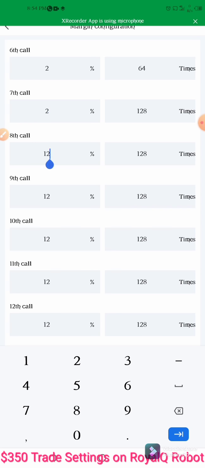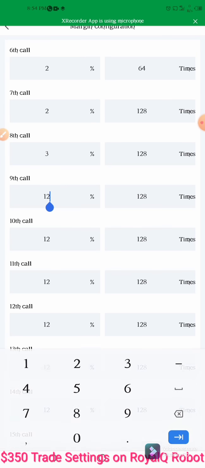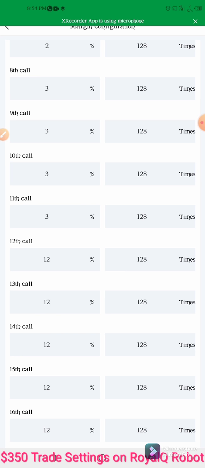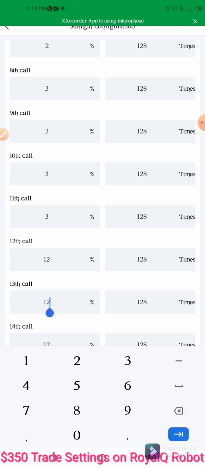The 8th, let's begin to increase it because as the market begins to go down, it goes down rapidly. So let me increase. You can change any to 3.5%. You can use 4, but according to my settings, I want it this way. 3% down to the 18th.